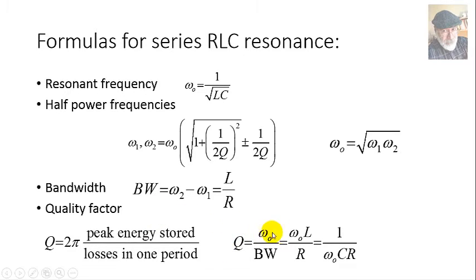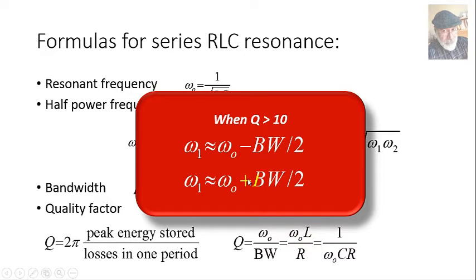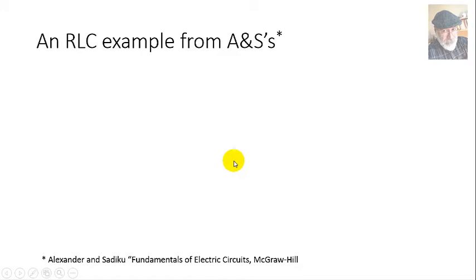Or even better, how much bigger the resonant frequency is than the bandwidth, or how much bigger the reactance of the inductor at the resonant frequency is than the resistance, or what is the same, how much bigger the reactance of the capacitor at omega naught is than R. When Q, the quality factor, is greater than or equal to 10, we can approximate omega 1 and omega 2 as being omega naught minus half the bandwidth and omega naught plus half the bandwidth.